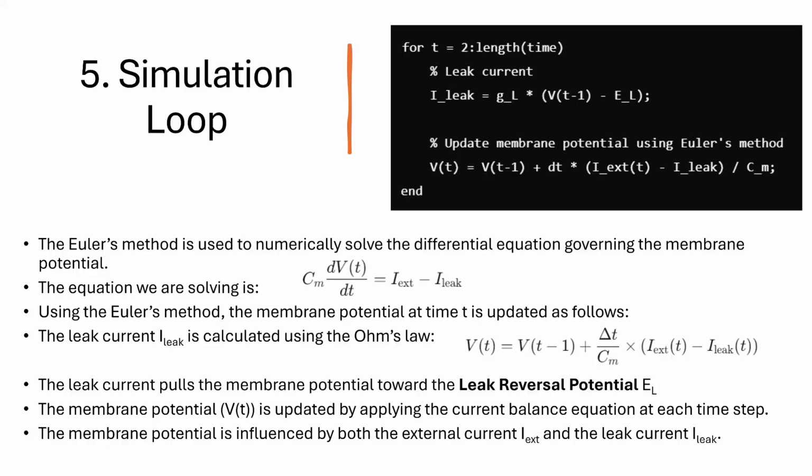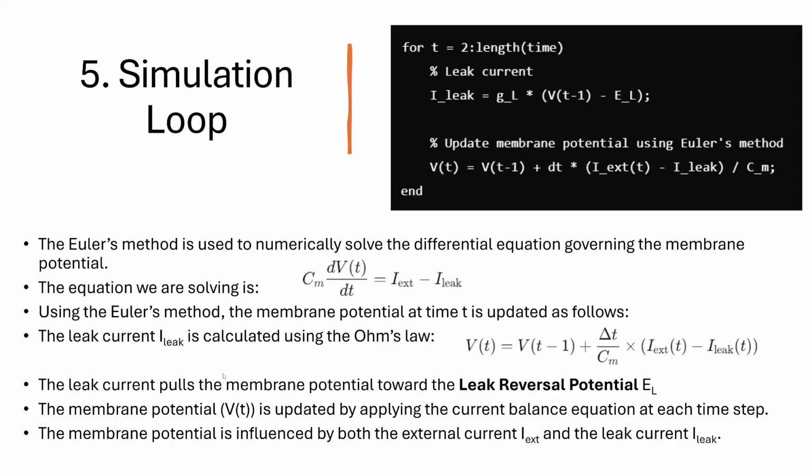Using Euler's method, the membrane potential at time t is updated as follows. We have V at t equals V at the previous step plus the derivative, the time step divided by the capacitance, multiplied by the external current minus the leak current.